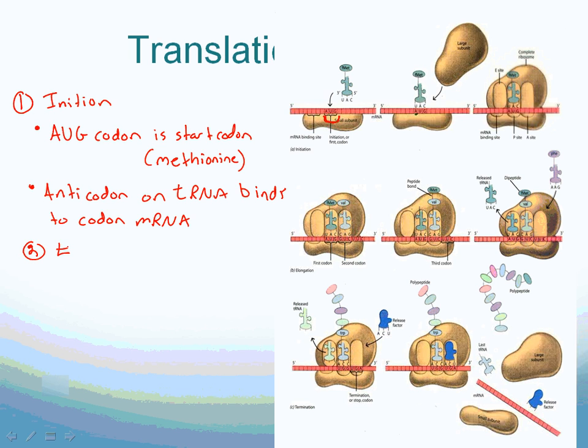Step 2 is elongation. So in elongation, multiple tRNAs are coming into the mix in order to line up with their anticodons. And what this does is it brings all these different amino acids into a specific area.